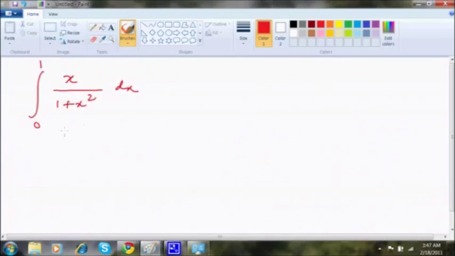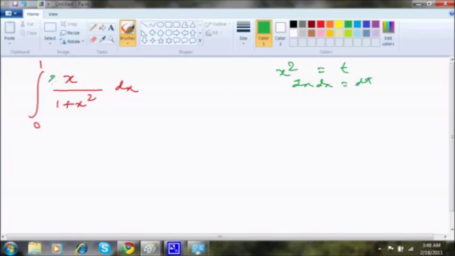Let's do another problem: integral of x by (1 plus x²). Obviously there is no direct formula to this. x squared's differentiation is 2x, so 2x dx is dt.